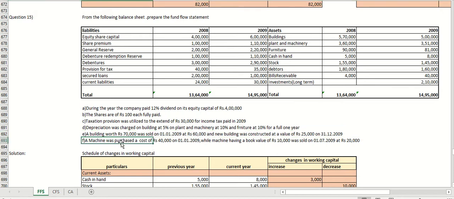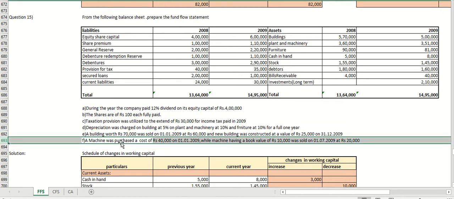Point 6: a machine was purchased at a cost of rupees 40,000 on 1/1/2009, while a machine having a book value of rupees 10,000 was sold on 1/7/2009 at rupees 20,000. The machine purchased on 1/1/2009 will be accounted in your plant and machinery account as to bank account, which is your purchases, 40,000.